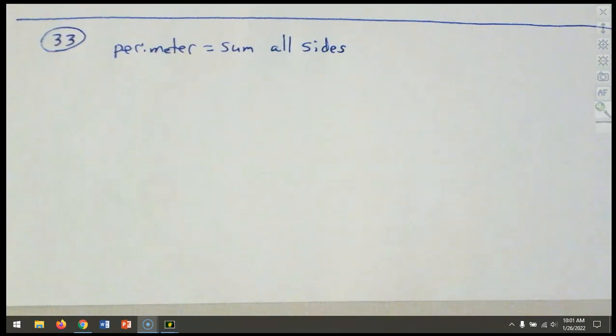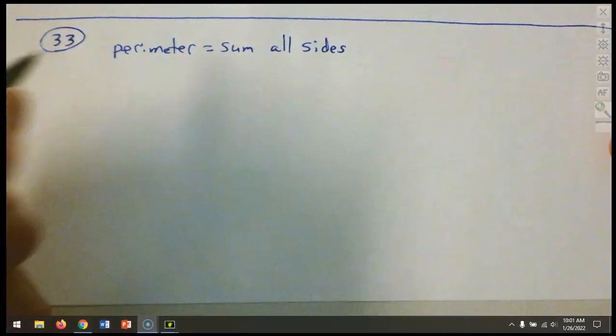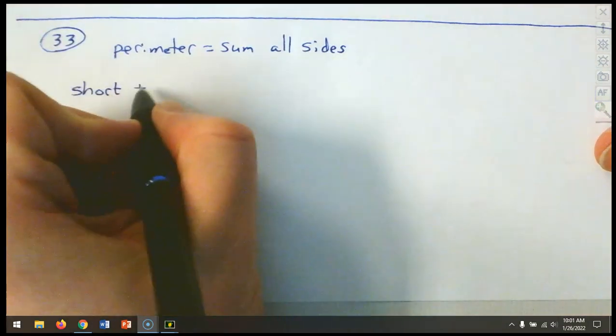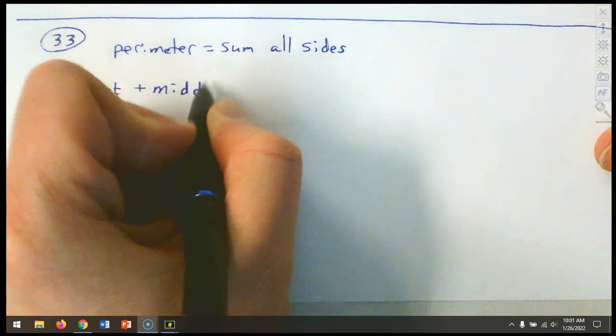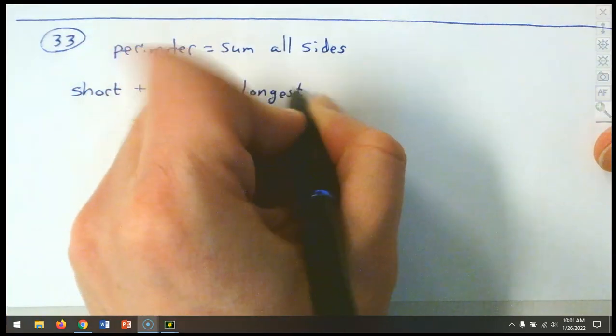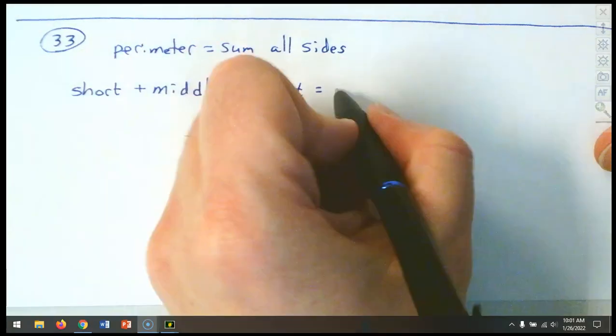Now, when we look at this triangle, what do we have? It says that we've got three sides. Okay, so we have a short side, middle side, and the longest side. And that again is going to equal our perimeter.